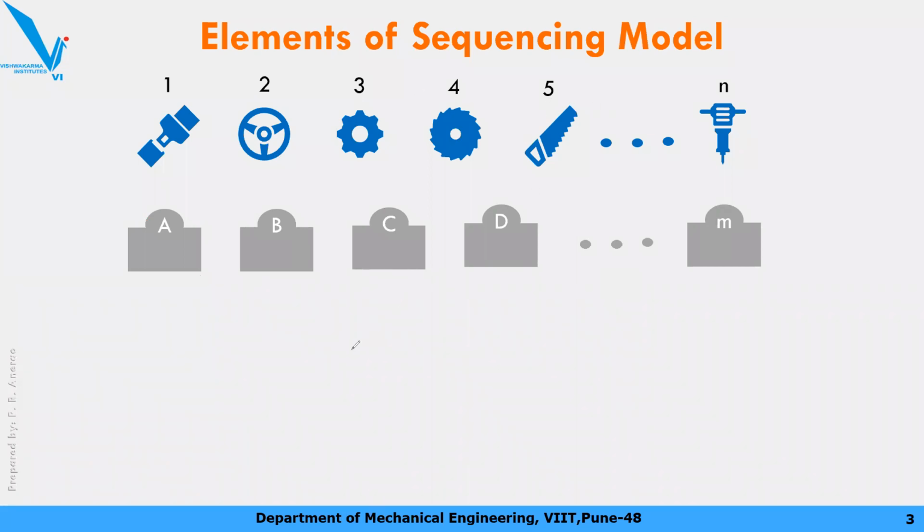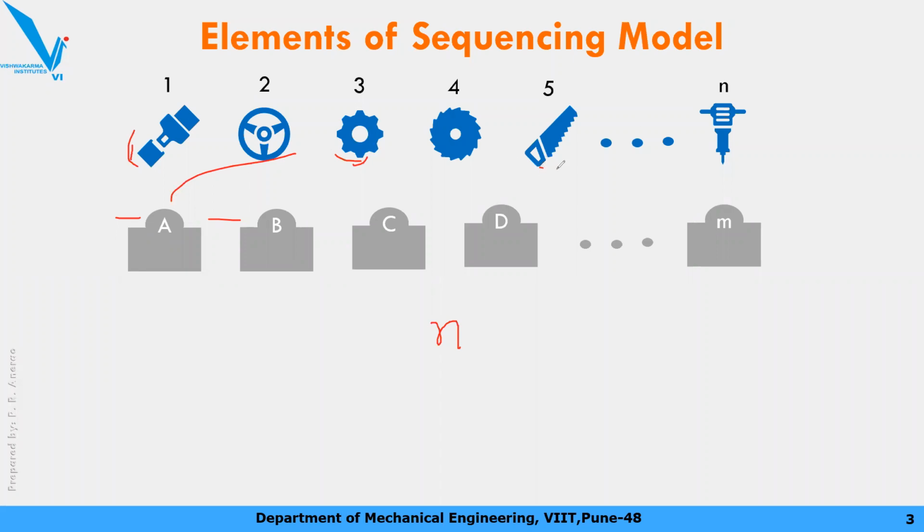In the sequencing model, we need to assign the jobs at particular times. That means we need to get the combinations. See, we have n number of machines, so how many combinations of sequences can you have? You can start with job one and go through machines A, B, C like this, or you can take job three and start working on B, C, D, and so on.